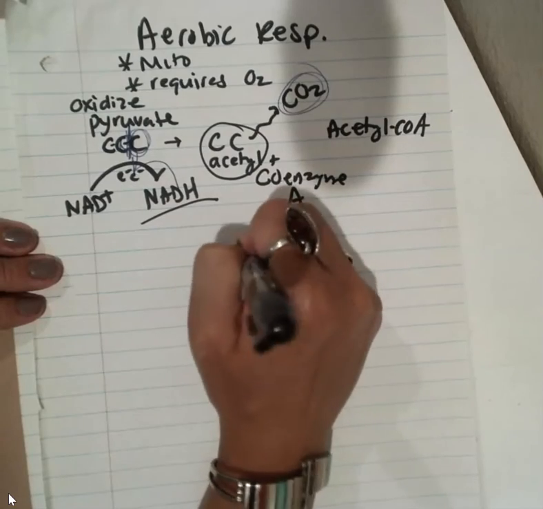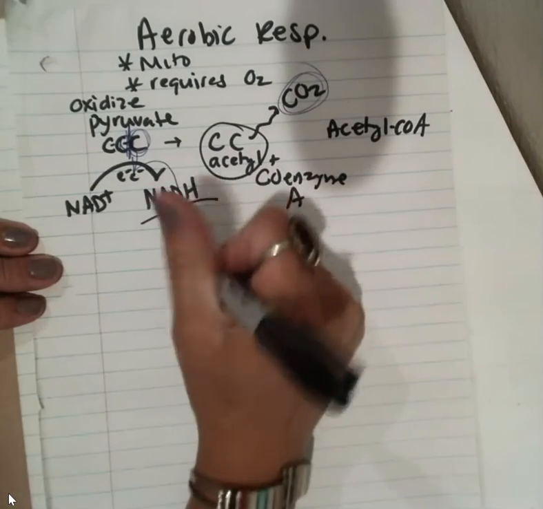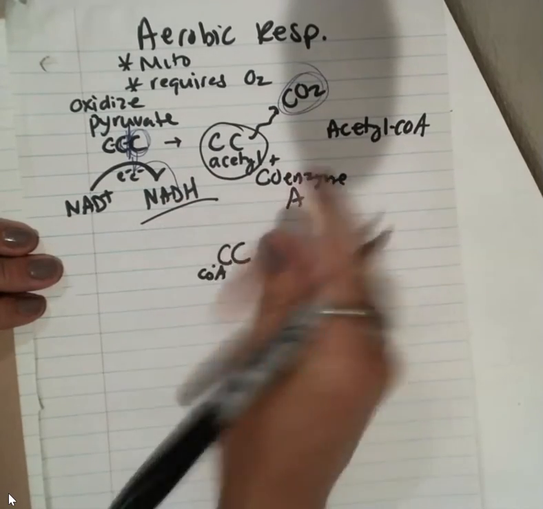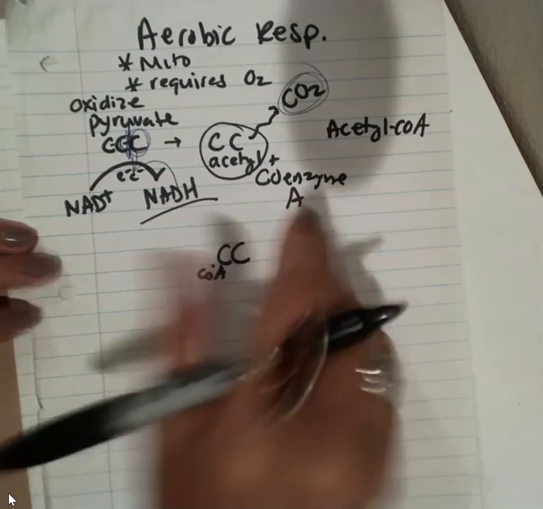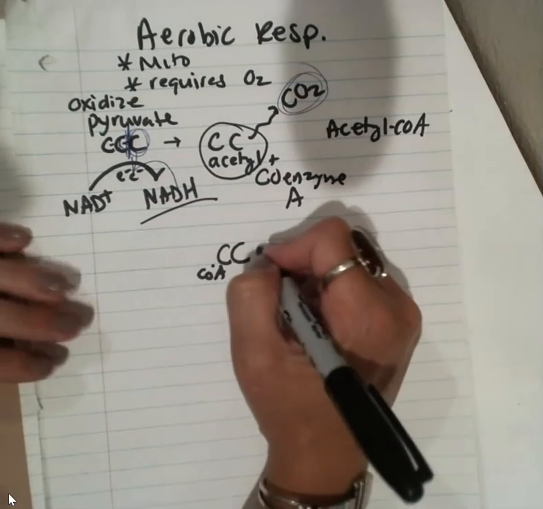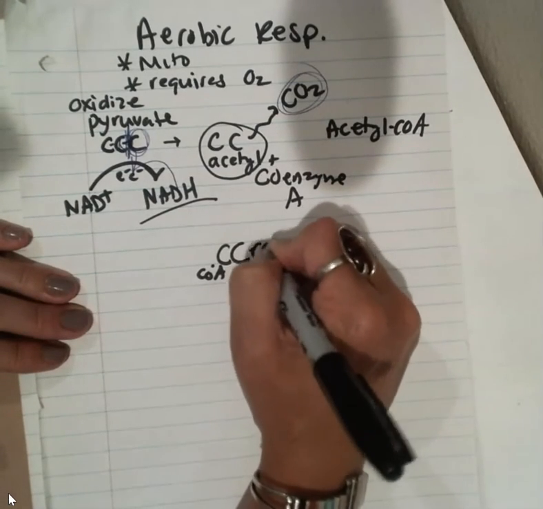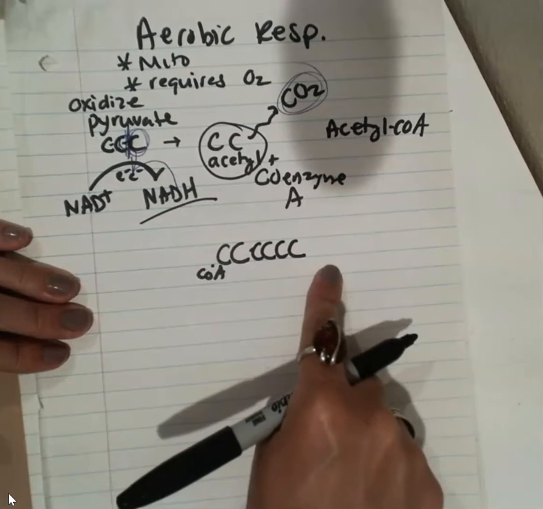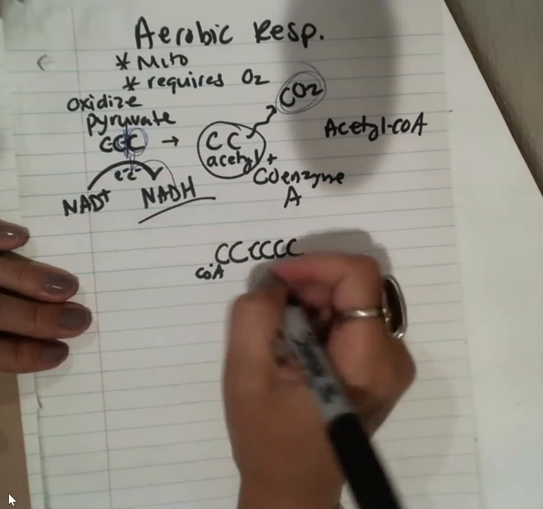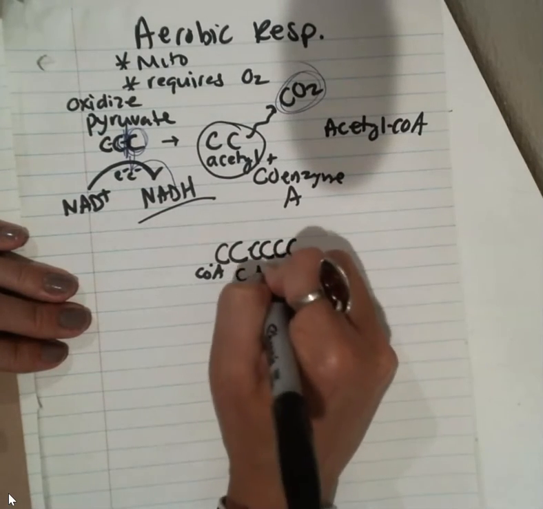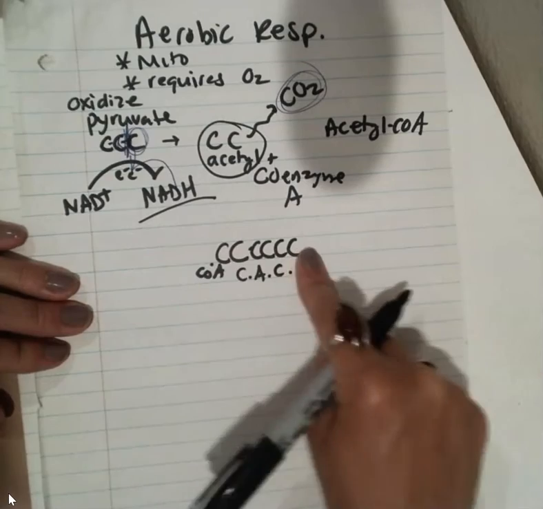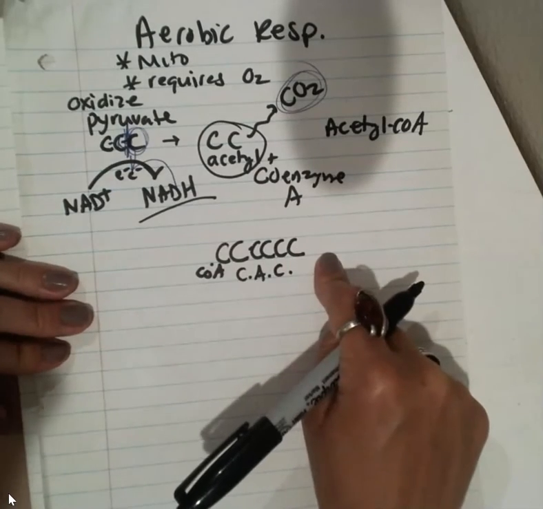So here we have our 2-carbon acetyl, and that coenzyme A helped it enter in. Co means to help. Here it is going to join with a 4-carbon molecule called oxaloacetate. So to start the citric acid cycle, we have here a 6-carbon molecule.